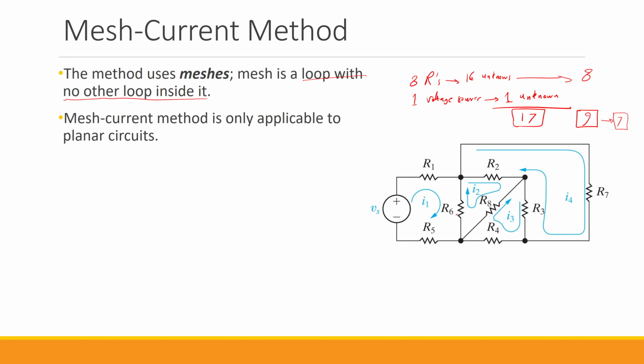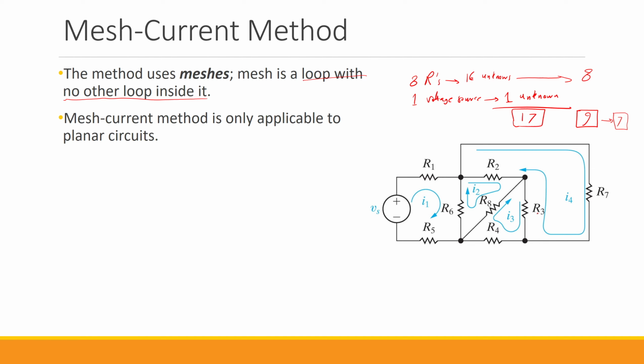But what about this R6? Because it is common between the first mesh and the second mesh. What is the current for this resistor? The same is true for R8 too. What is the current that goes through R8? Is it I2? Is it I3? Or is it a combination of them?